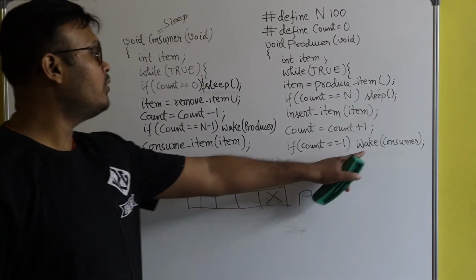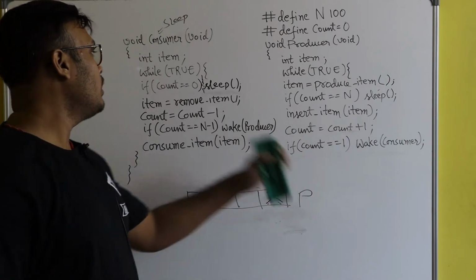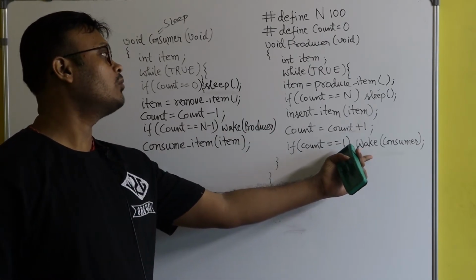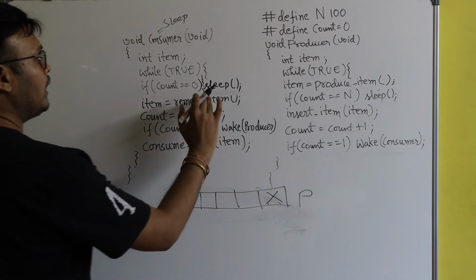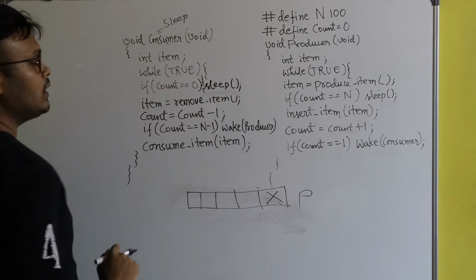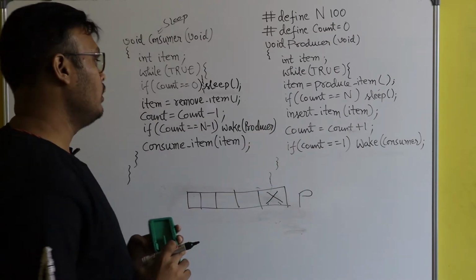So it means this wake system call got wasted, because the consumer is completely unaware about this wake system call. After that, the consumer just executed this sleep system call and now the consumer is sleeping. So in this way, this wake system call got wasted.